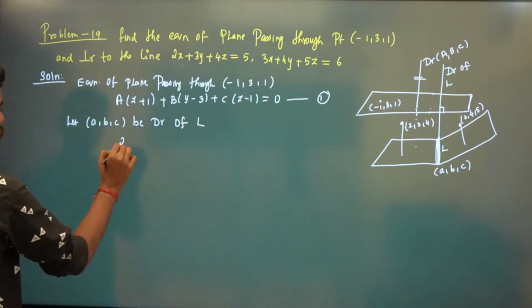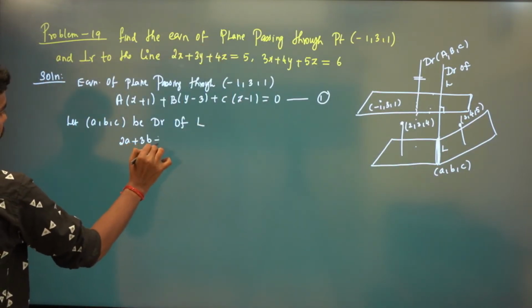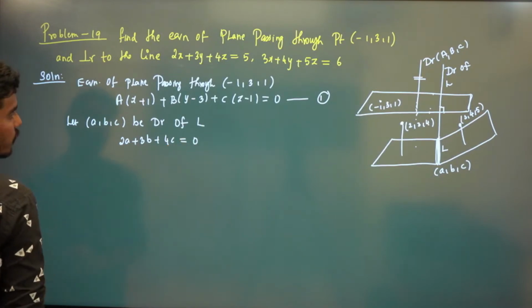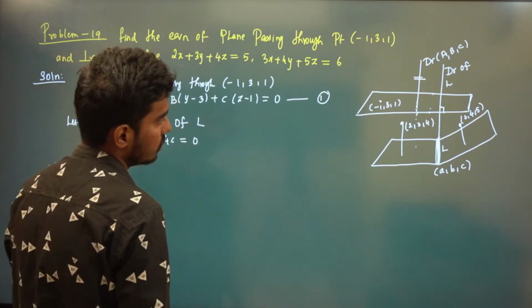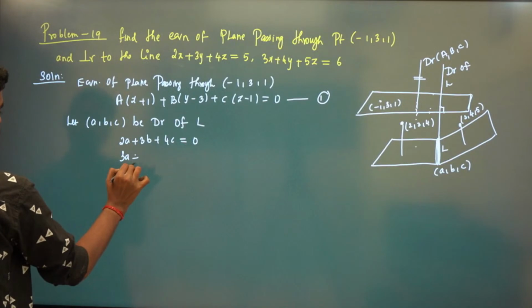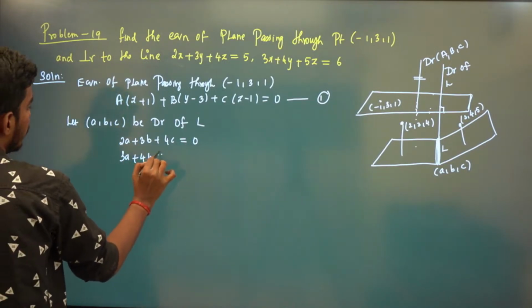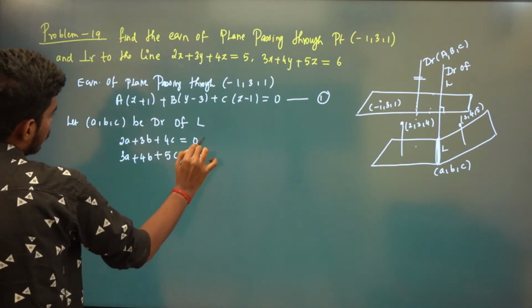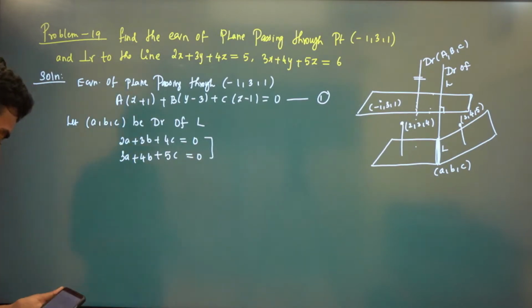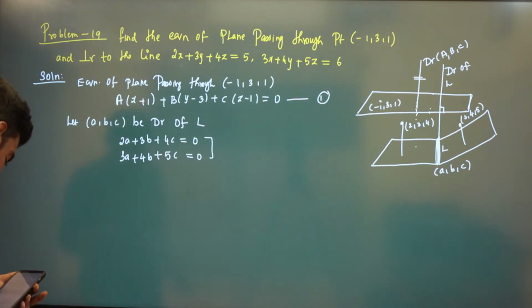So you will have 2a plus 3b plus 4c is 0, and 3a plus 4b plus 5c is 0. So solve for a, b, c, and you will get the answer to be 1, minus 2, 1.